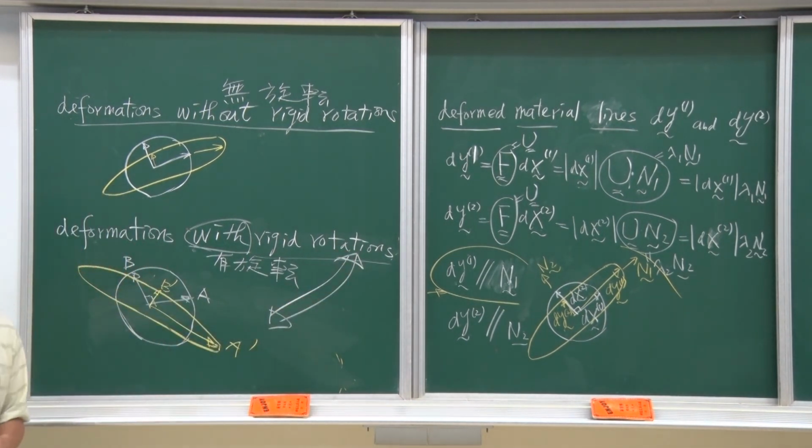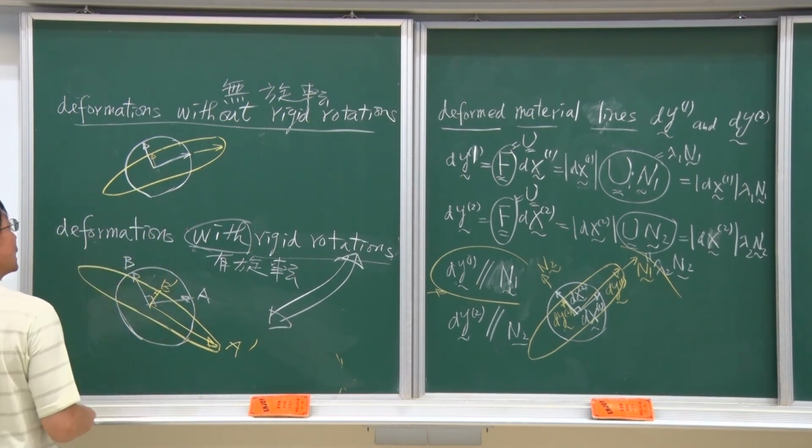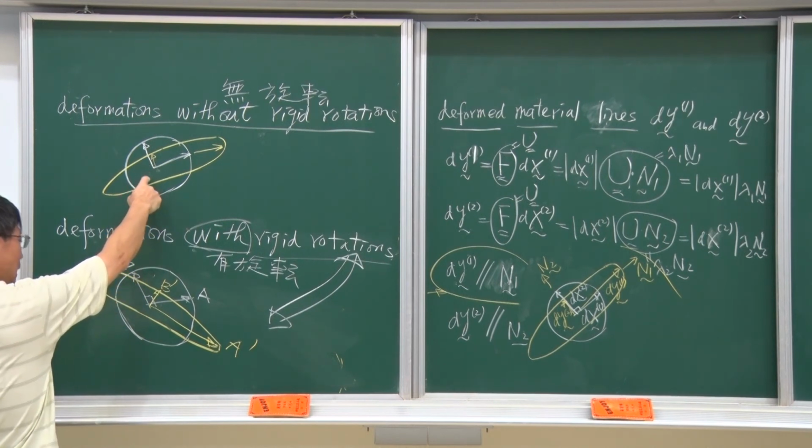Understand? Okay, in this way, we have proved mathematically that for a deformation induced by a symmetric matrix, the material deforms like this, and this is a deformation without rotation.